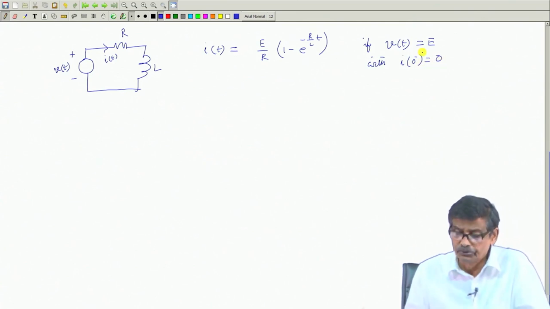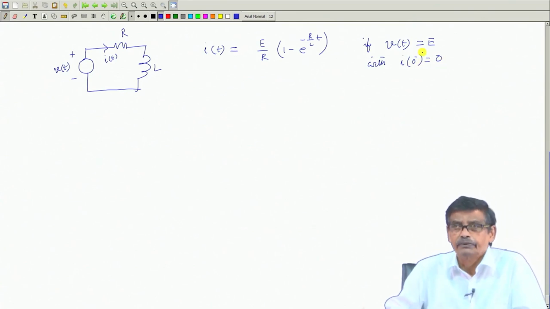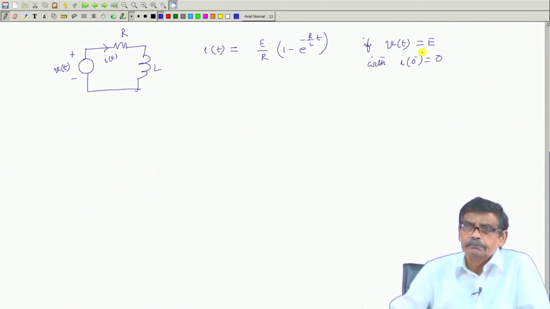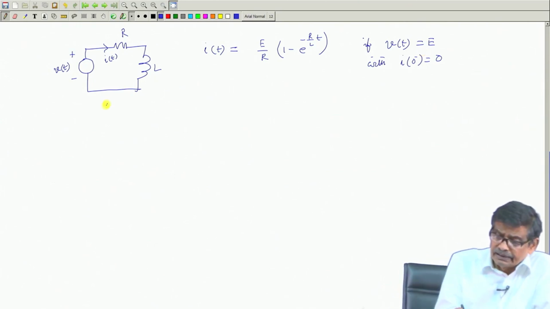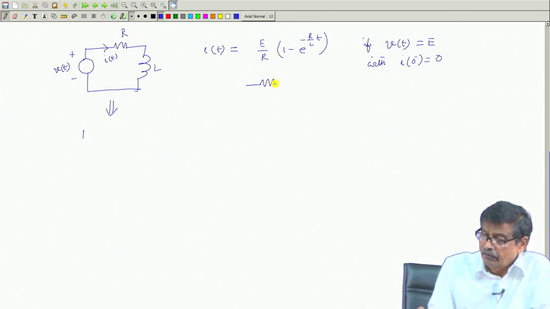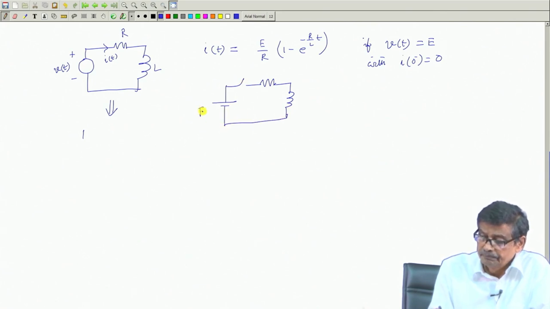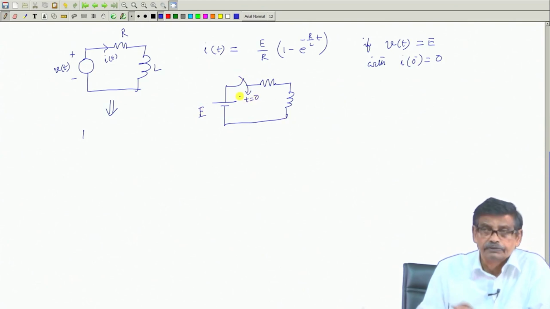Now, today what I will tell you is that the solution of this circuit could be thought of like this, a switch, this is how we were drawing this circuit, E, and I told you I close this switch at t equal to 0.